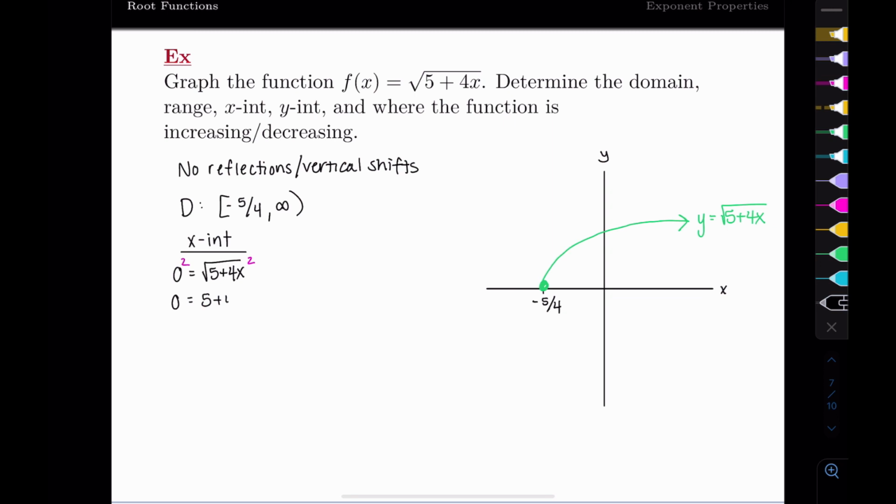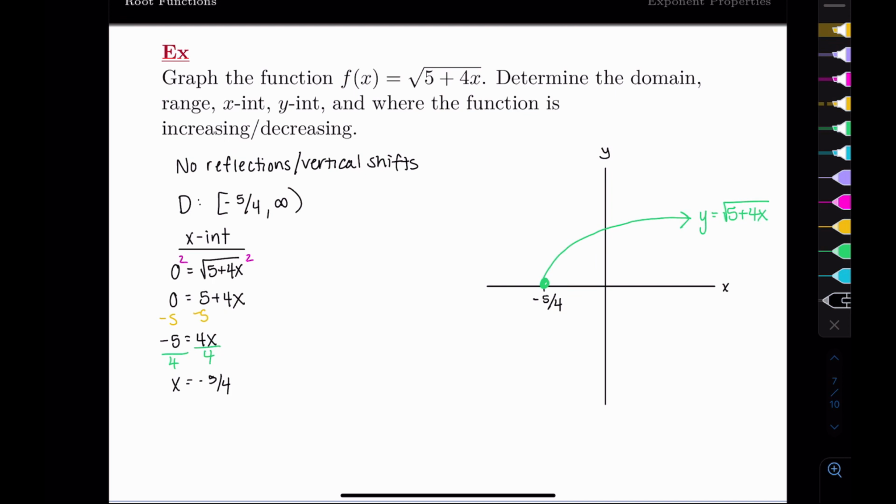So this is 0 equals 5 plus 4x. We go ahead and subtract the 5. And that gives us negative 5 is equal to 4x. And then we divide by 4. To give us our x-intercept is negative 5/4, which is exactly what we got from knowing the domain and knowing that there were no vertical shifts to this thing.